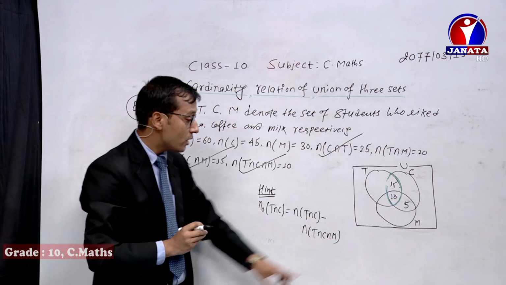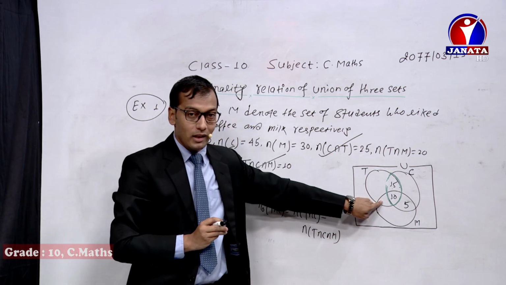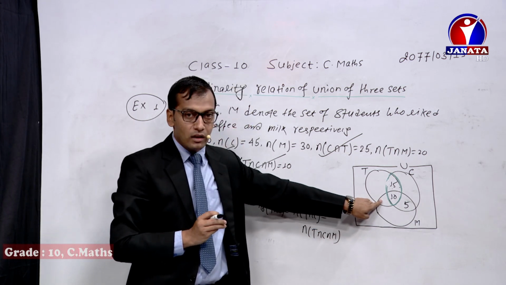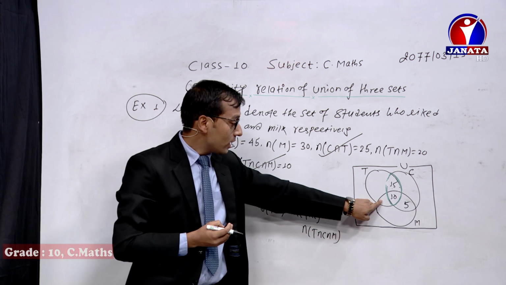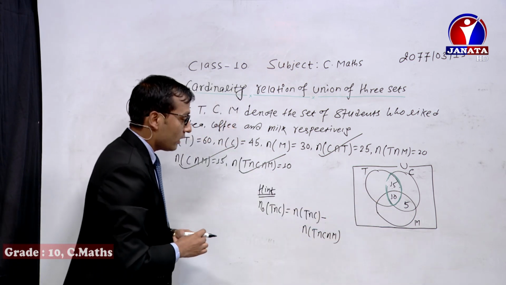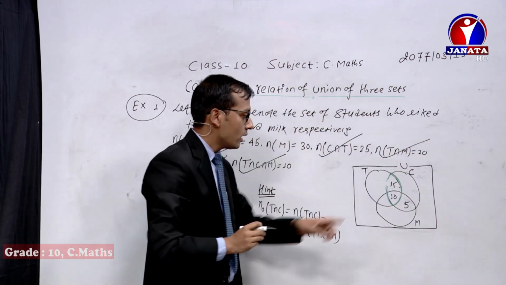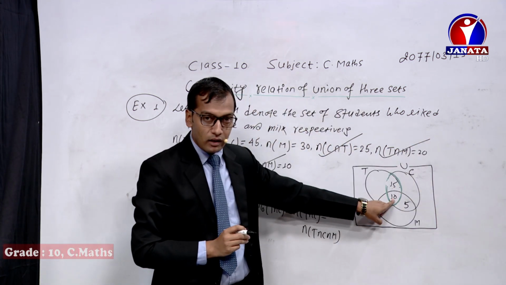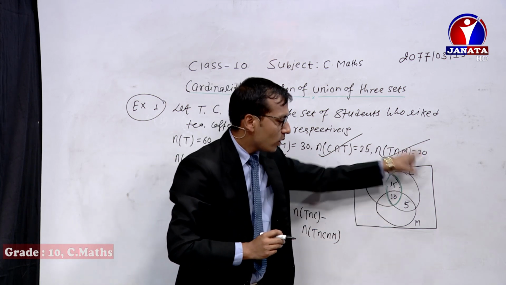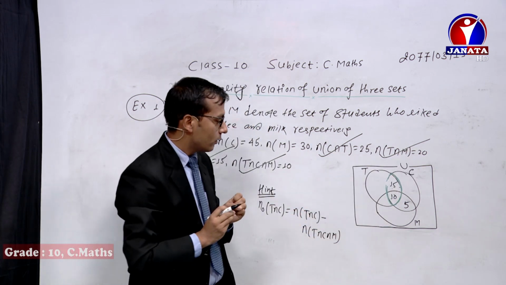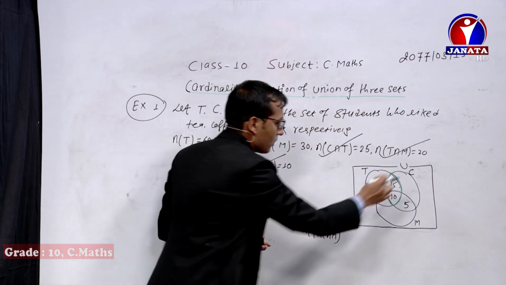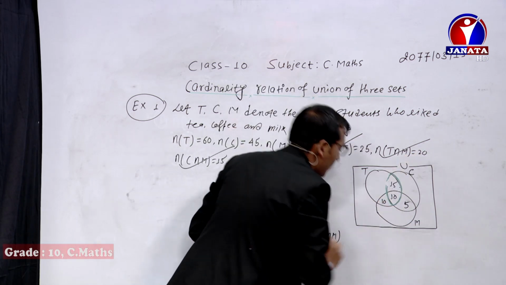Now let's move to the next region, the common region of T and M only. T intersection M is 20. If we deduct 10 from 20, we get the number for this region. So 20 minus 10 is 10.